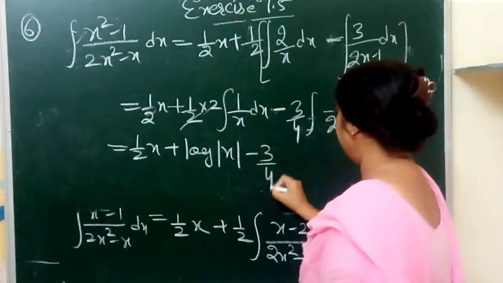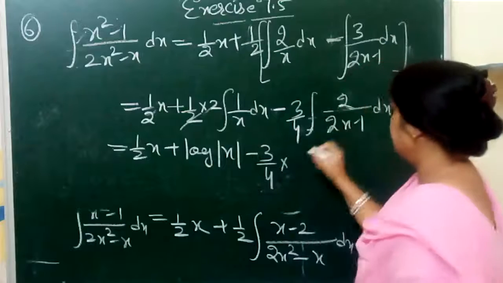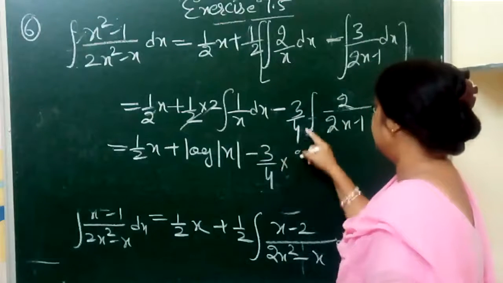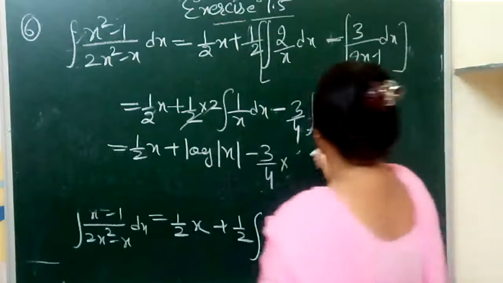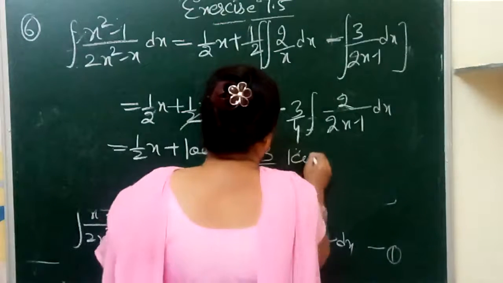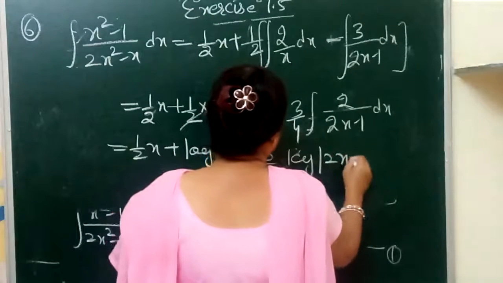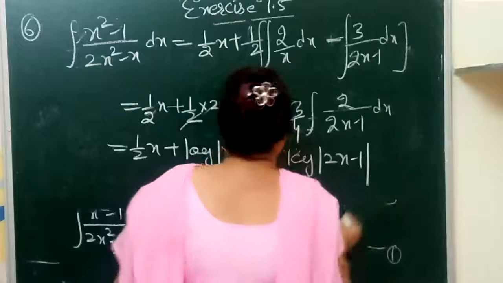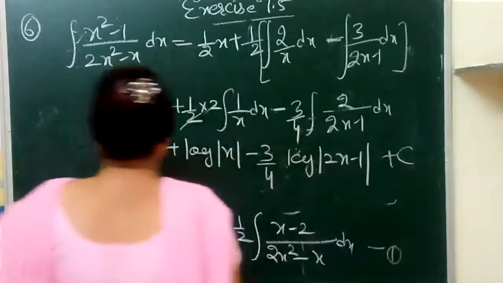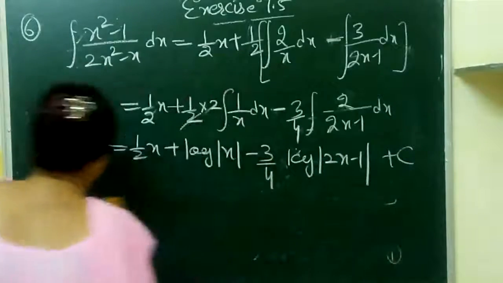After this, 3 by 4 into this 2 outside, then it will come log of 2x minus 1 plus c. So this is the value of this.